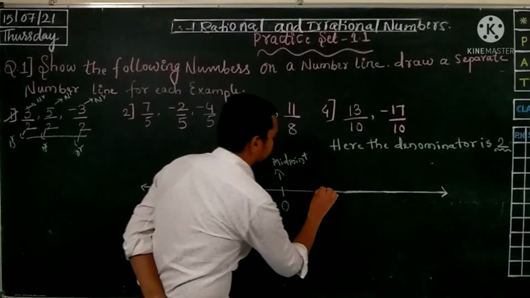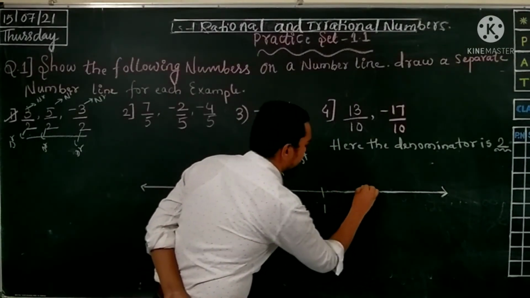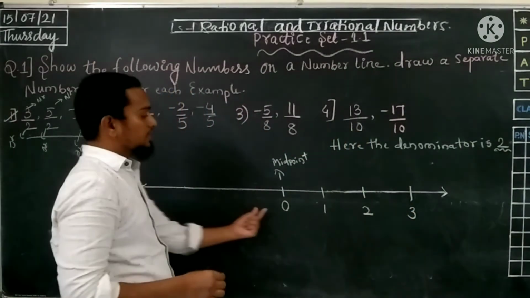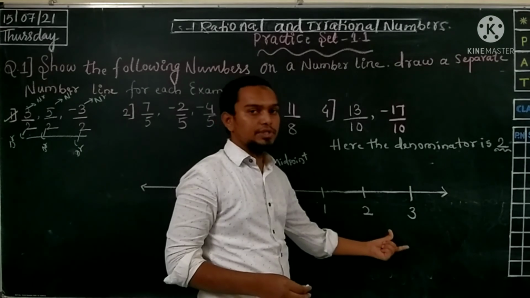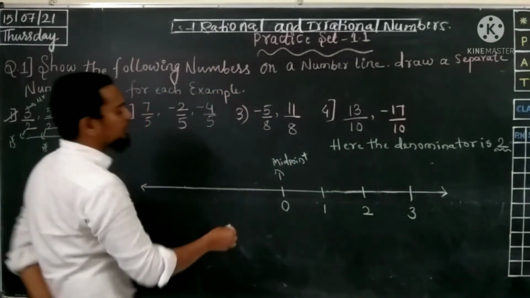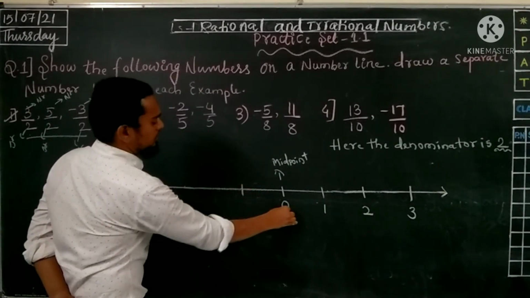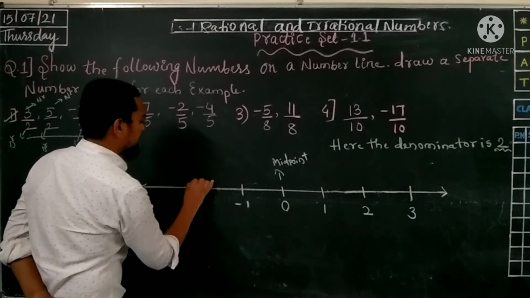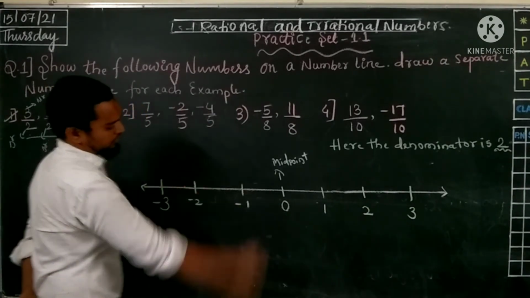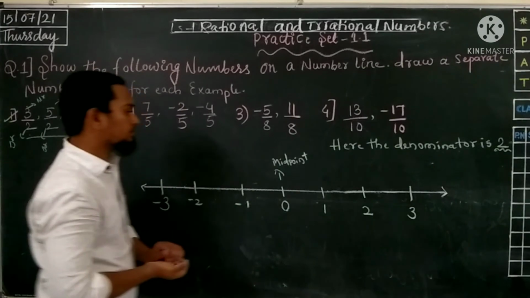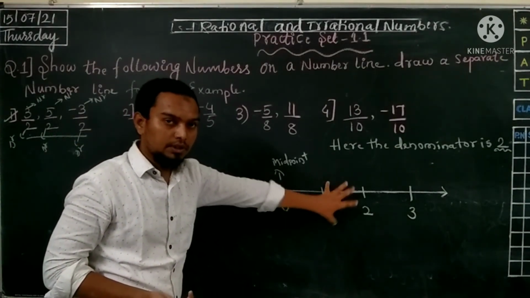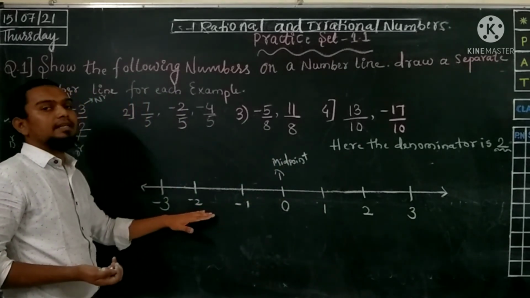First of all, we will write this is 1, this is 2 and this is 3. Values greater than 0 are positive values. Values less than 0 are negative values: 0, minus 1, minus 2, minus 3.